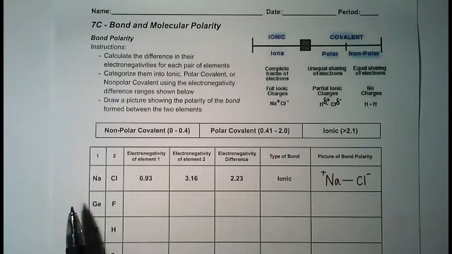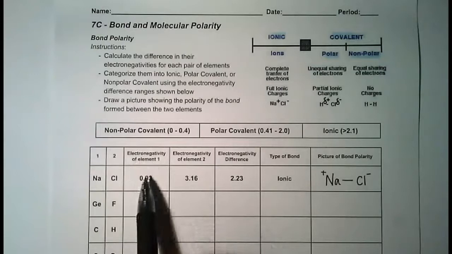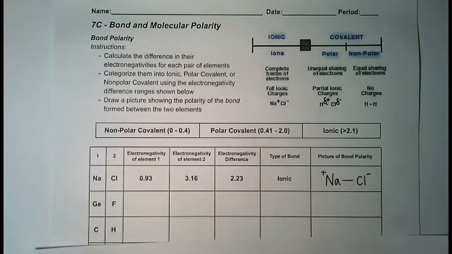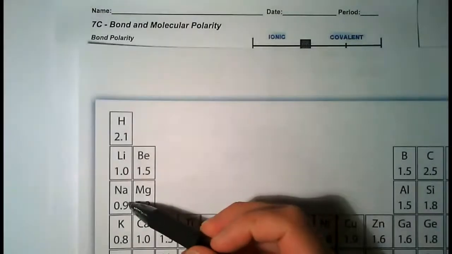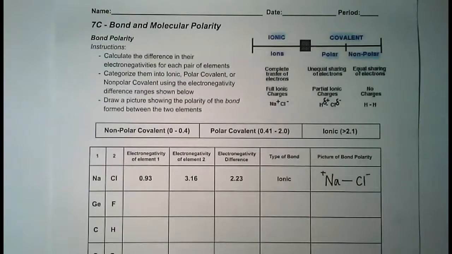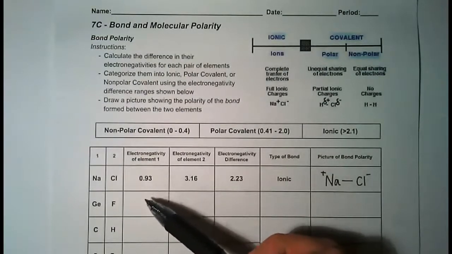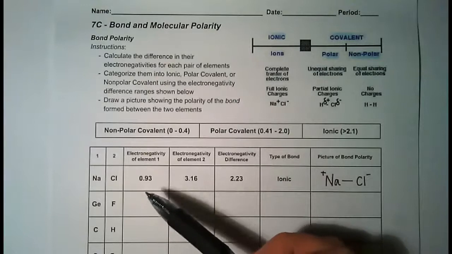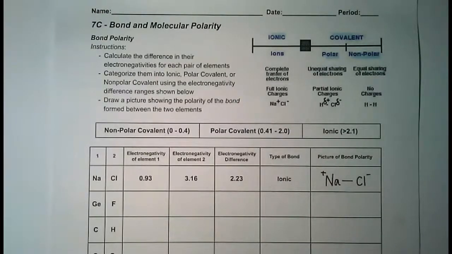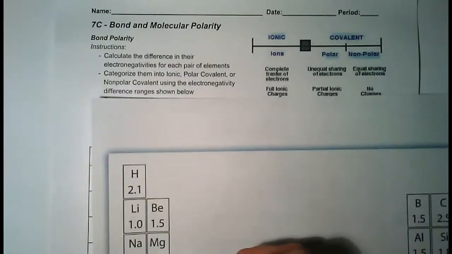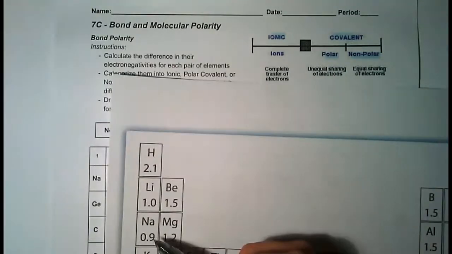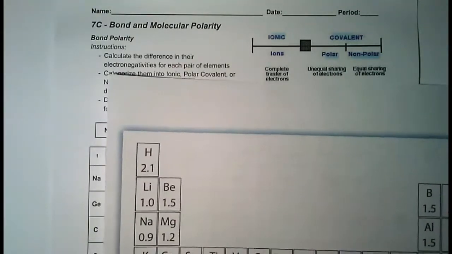So we have sodium and chlorine. The electronegativity of sodium, element 1, is 0.9, and apparently the person who did the example had an electronegativity periodic table that showed 2 decimal places, whereas ours only shows 1. That's okay, it doesn't really matter because we're just looking at the trend.